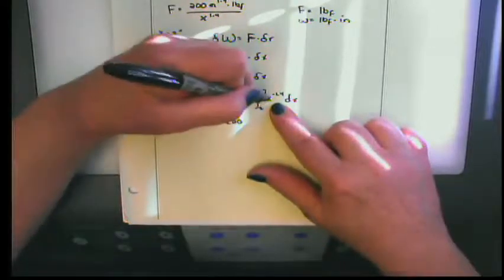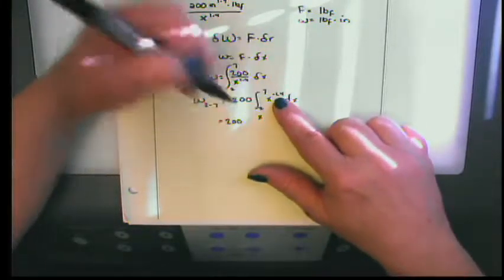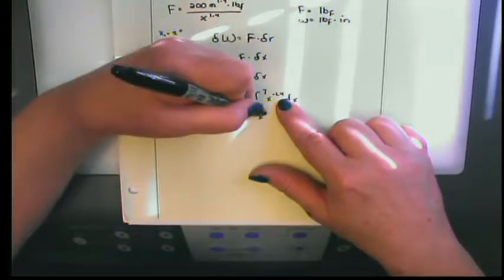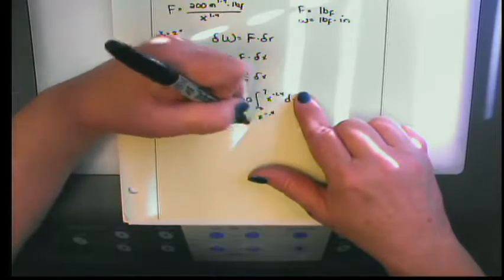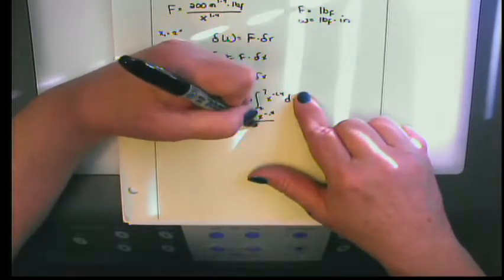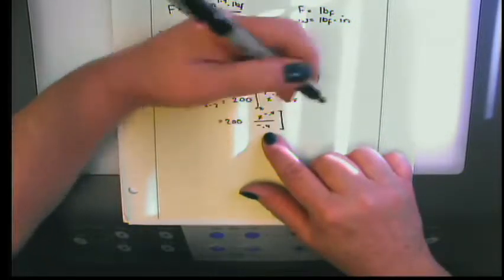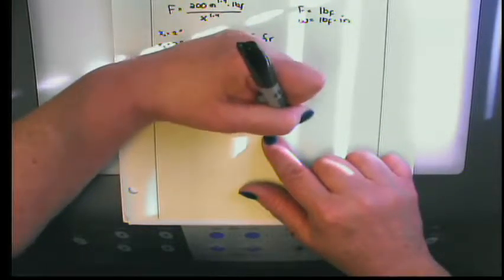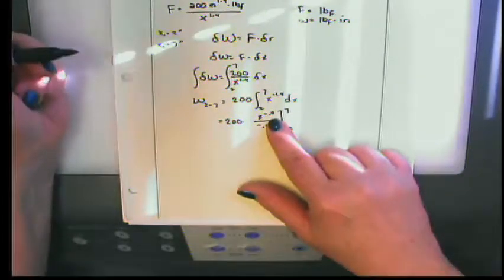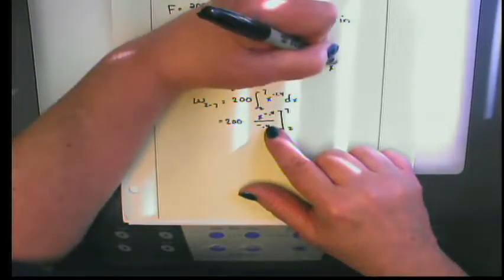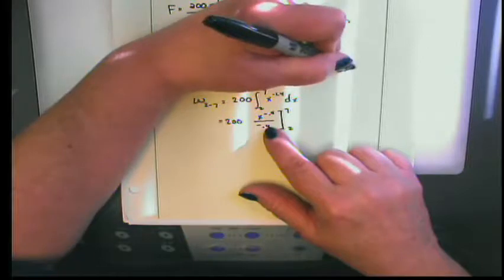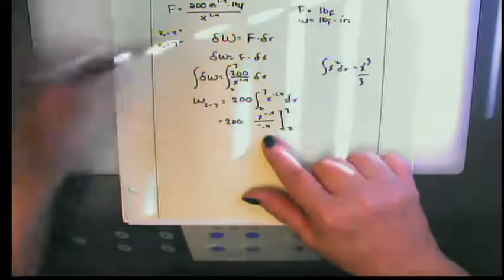So then we have 200. When I integrate or take the antiderivative of this, I get x to the negative 0.4 power divided by negative 0.4 from 7 to 2. Okay, and that's just because I increase the power. Remember, like if I had x squared, took the integral of x squared dx, it's just x to the 3rd over 3. That's all I'm doing right here.